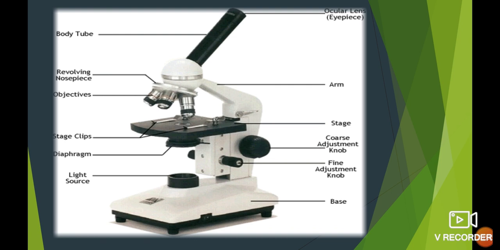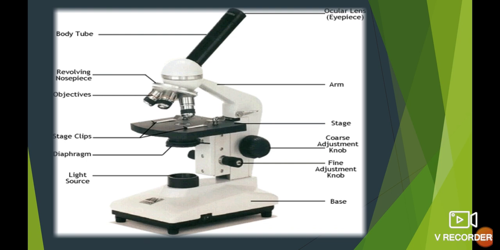Next, we have the ocular, which focuses light to the eye. As you can see, there is what we call the ocular or the eyepiece. Next, we have the objectives. There are three objectives above the stage clips.